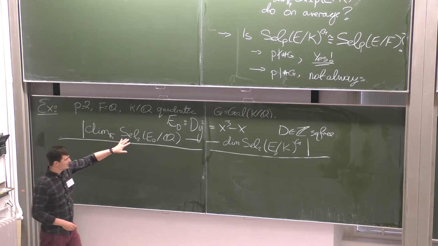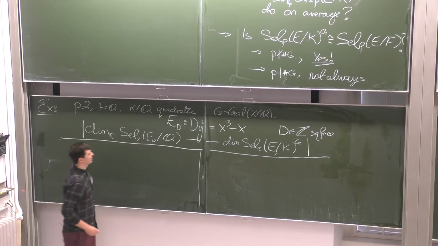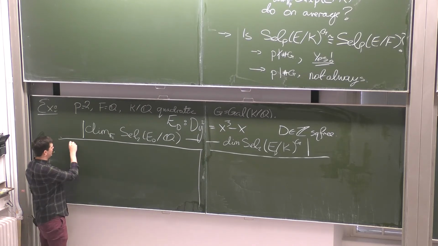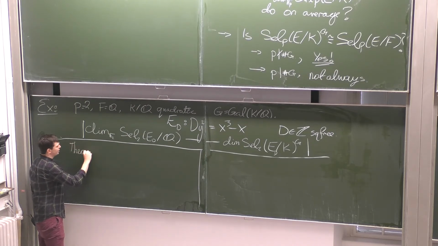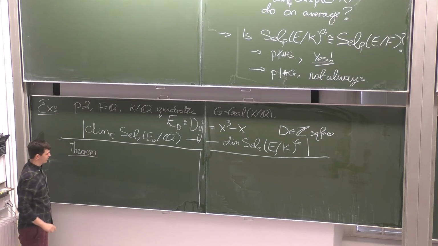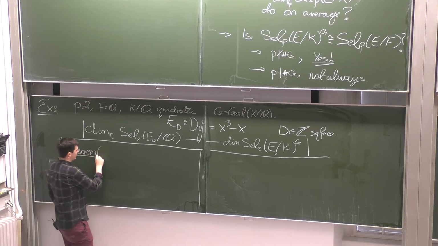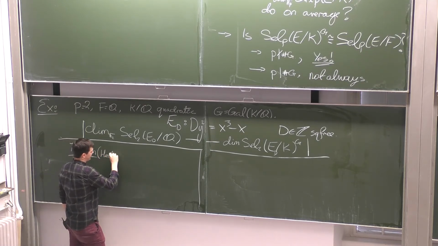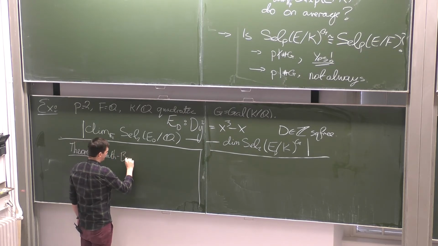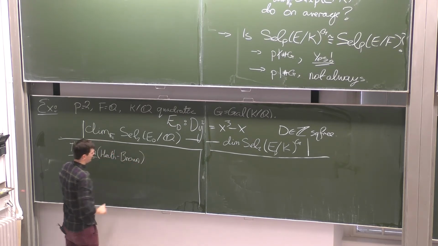So on the left-hand side, the congruent number curves' 2-Selmer groups over Q, I guess one of the oldest results for statistics of Selmer groups is due to Heath-Brown from about 1994.